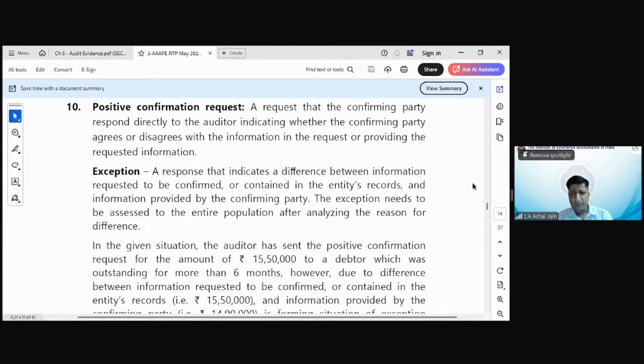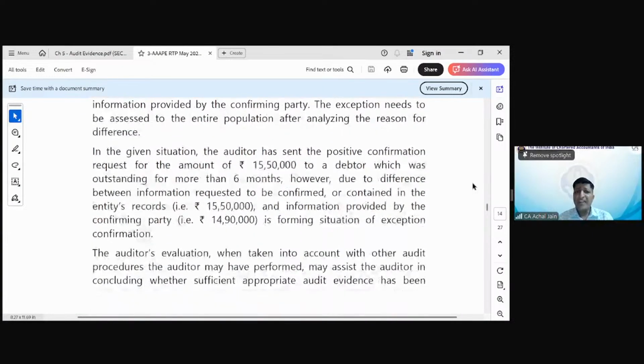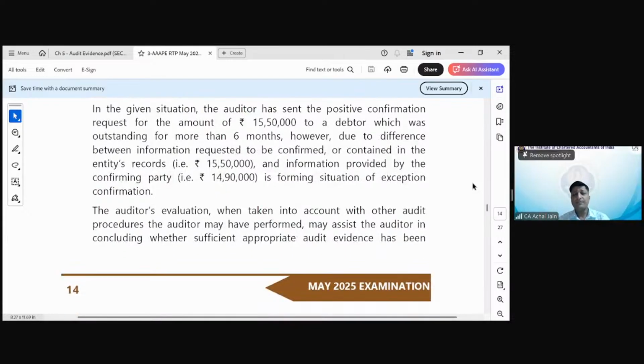That seems to be there in the given example, wherein the auditor has sent a positive confirmation for 15.5 lakhs. However, the debtor has responded saying that as per my records, the amount which I am required to pay is 14.9.